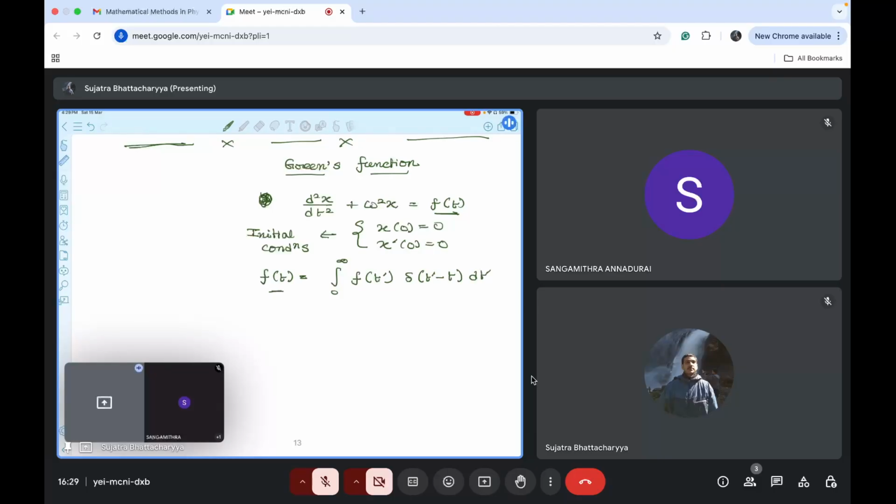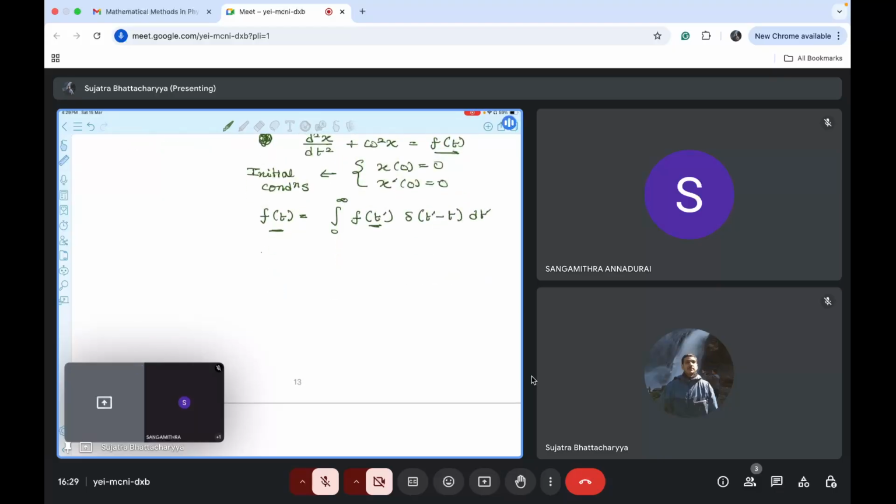Can we write this as f of t? Yes. Why? Because we have just now seen the property of the Dirac delta: if you take 0 to infinity and put t dash equal to t, that will be nothing but f of t. So this we can write.